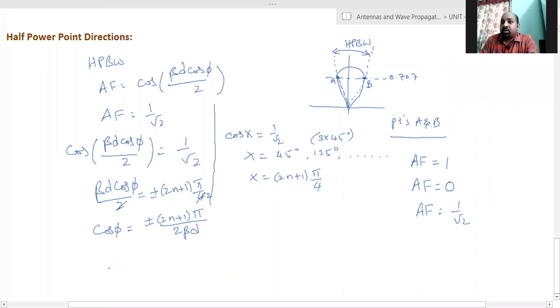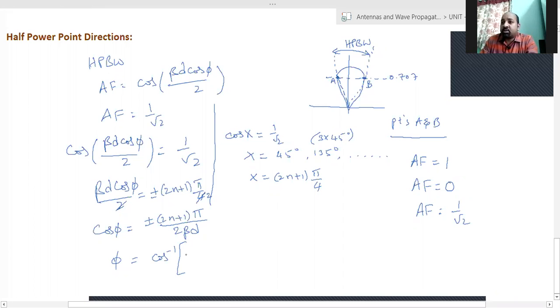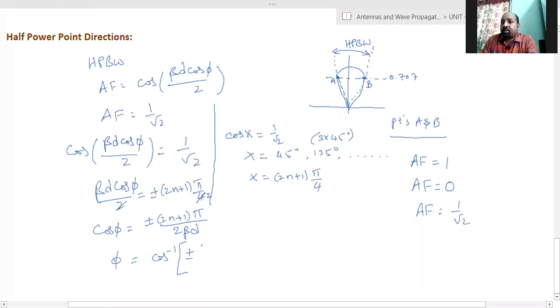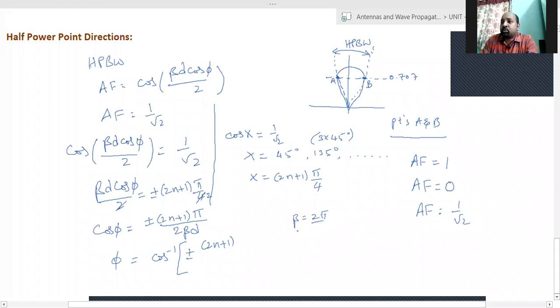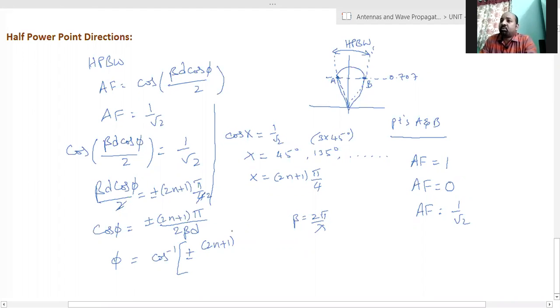Further simplifying, phi is equal to cos inverse of plus or minus (2n plus 1)... Here beta is equal to 2 pi by lambda, right?